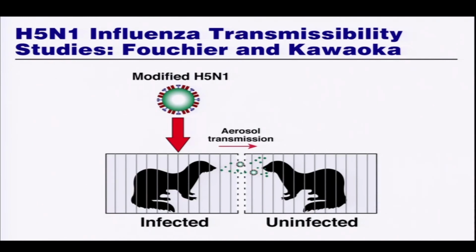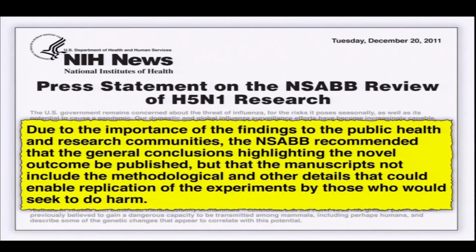And by passage in ferrets, the mammal model for this virus for humans, there was a development of aerosol transmissibility in a mammal, which this particular virus did not have. Because of that, this triggered concern.